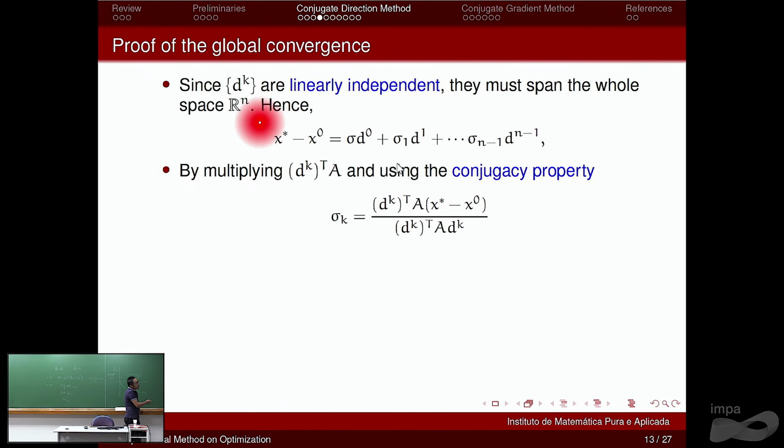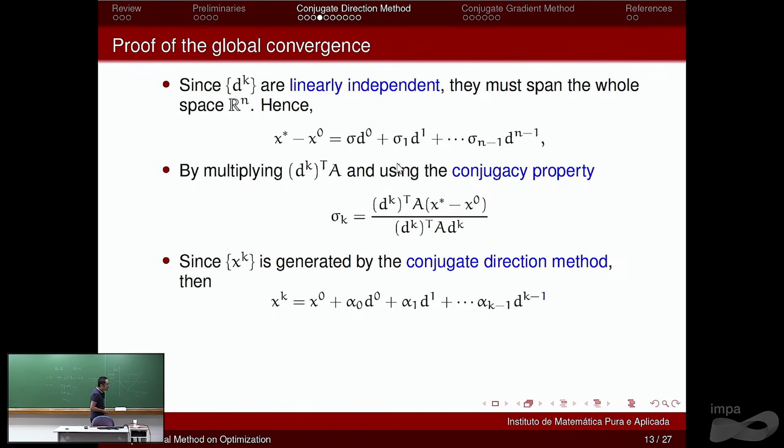Actually, you multiply both sides by Dk transpose A, and then you use the conjugacy property on the right side of this relation. Then you get this. So we get another relation from the definition of the conjugate direction method. Since xk is generated by the conjugate direction method, xk plus 1 equals xk plus alpha k dk.